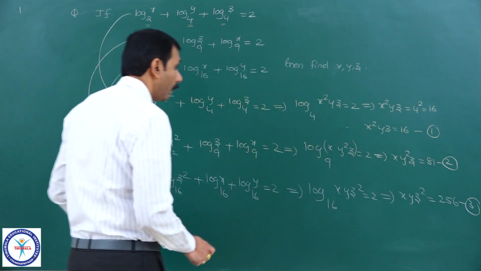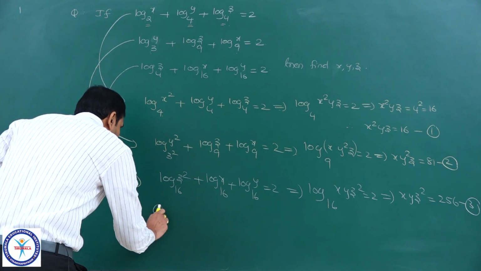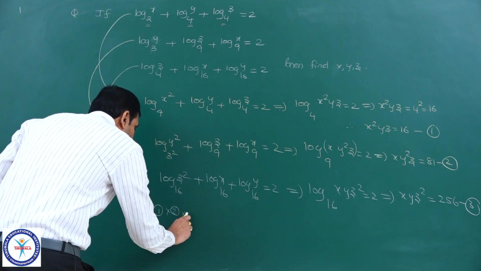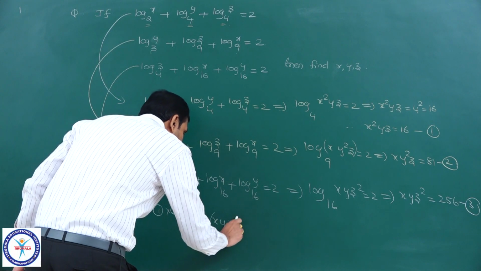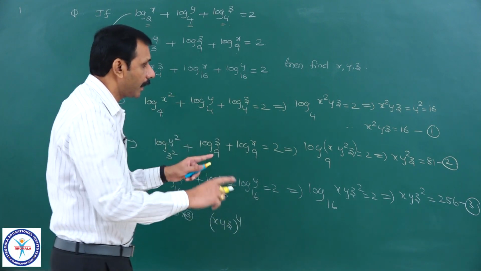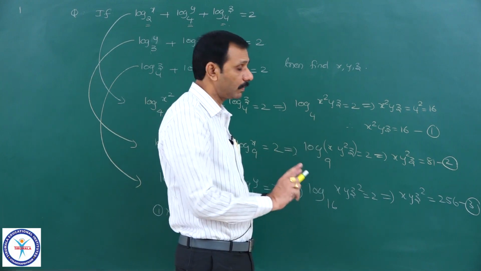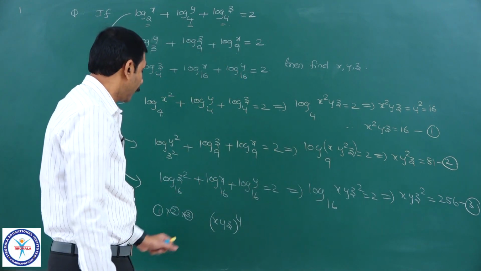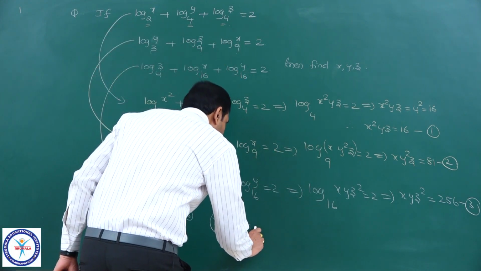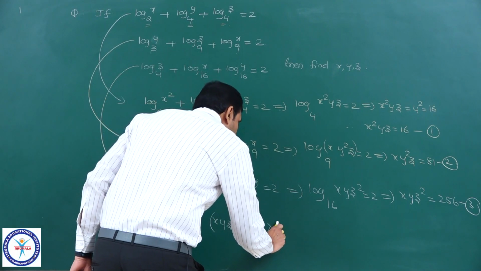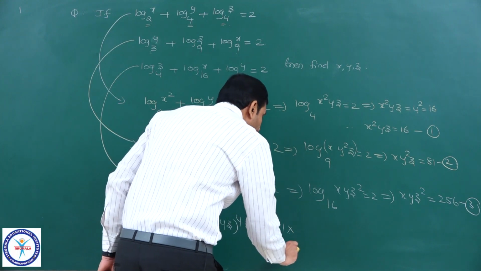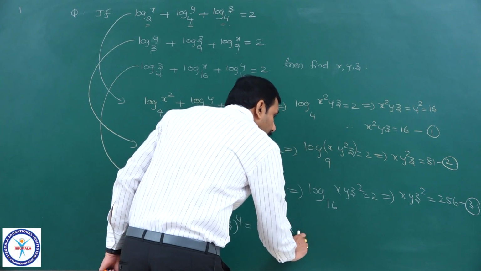So I will take the multiplication of 1, 2 and 3. I am writing x, y, z whole power 4. I have explained, I am not writing again the first term, second term and third one. Right. x, y, z whole power 4 is equal to what? This is 16 into 81 into 256.